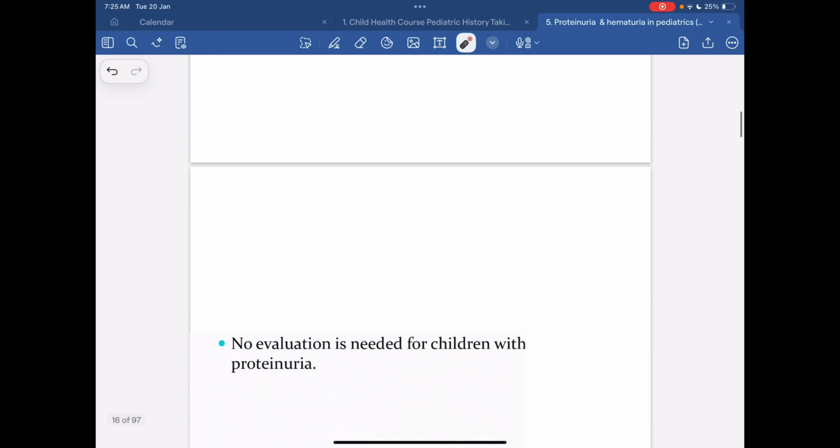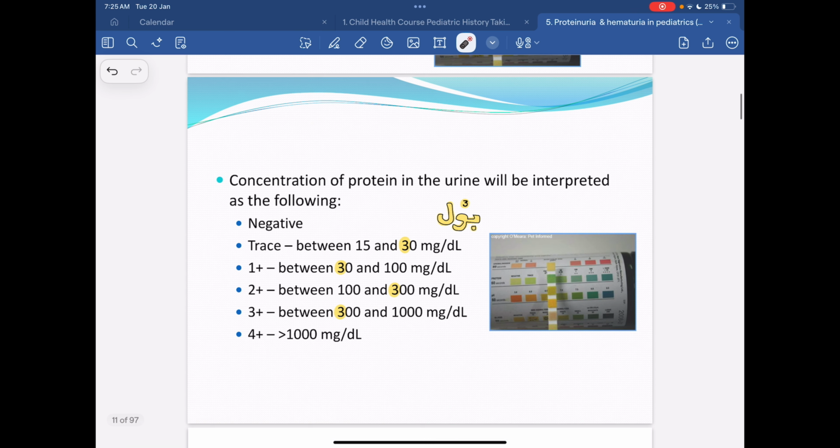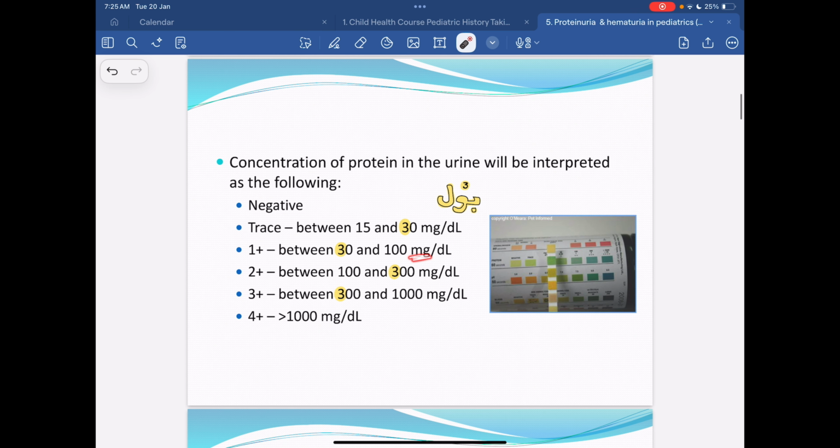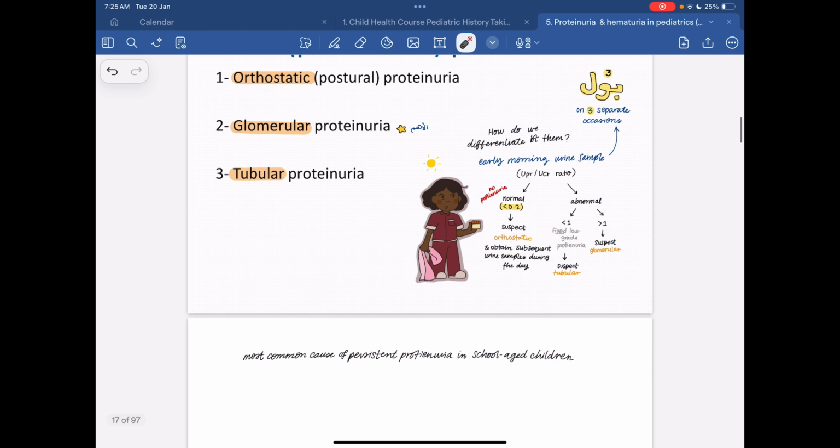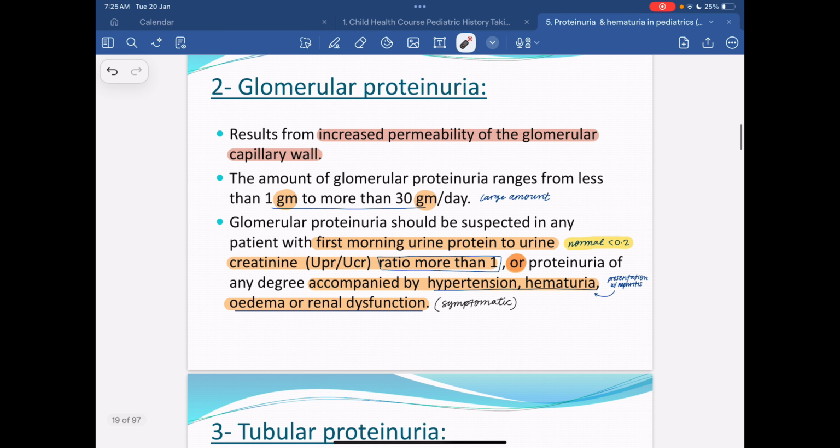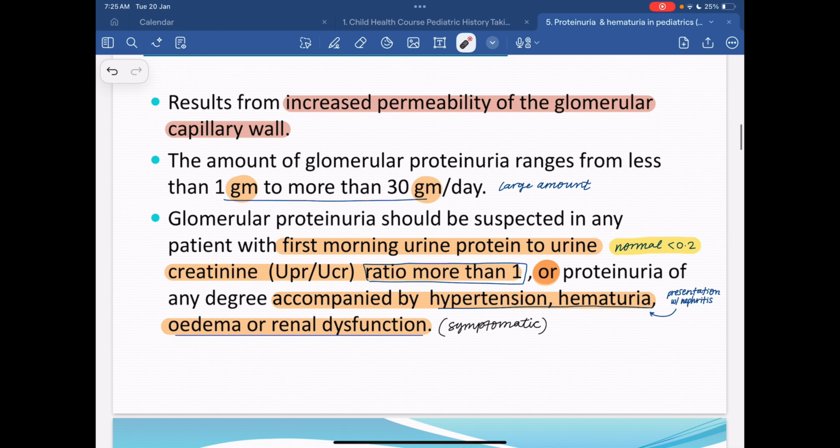احنا هنا ايش كنا نقول؟ ماشيين بالمليغرامز. طيب, glomerular proteinuria should be suspected in any patient who has a positive reading based on lab results, or they are symptomatic. يشبه محاولة الدايابيتس يوم تكلمنا عن الموضوع.